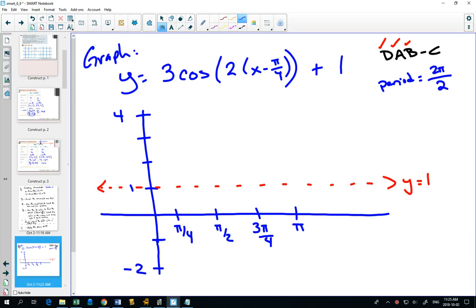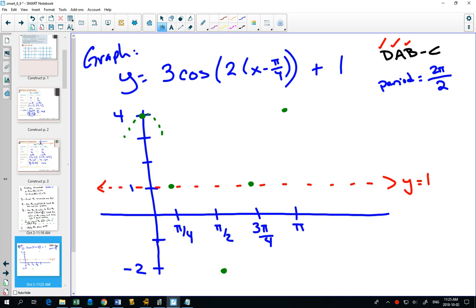We next get to the dash, and the dash means temporarily graph it without your phase shift. So what are we graphing? We're graphing a cosine graph. Where does a cosine graph start? Cosine graph starts at a maximum, then goes to your center line, then to your minimum, back to your center line, back to your maximum.